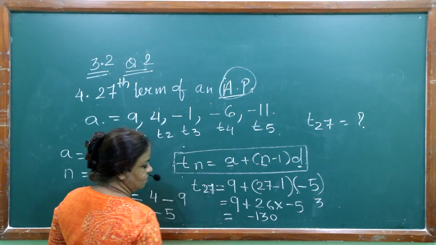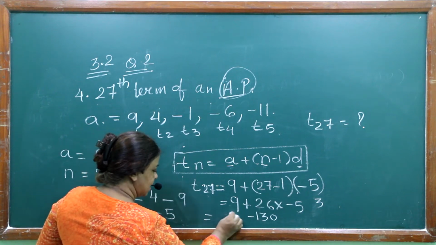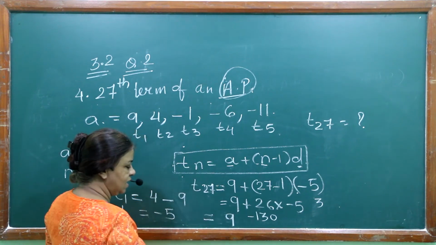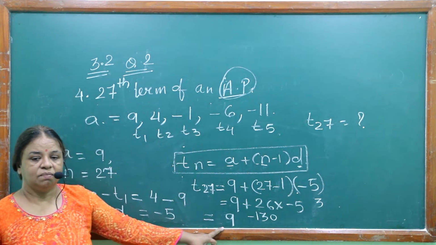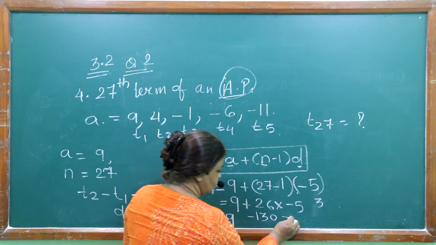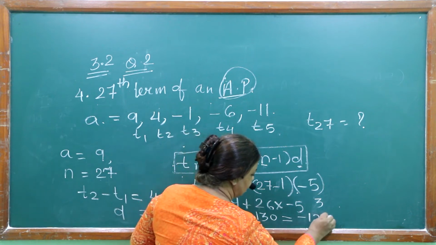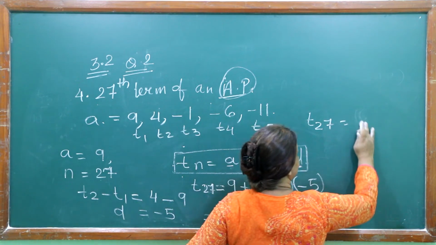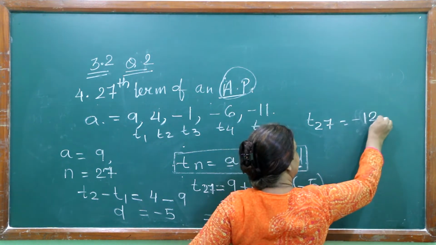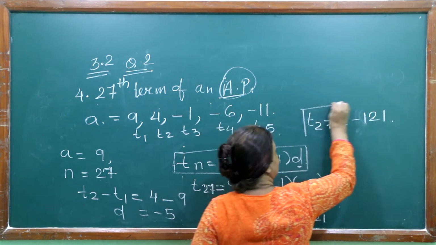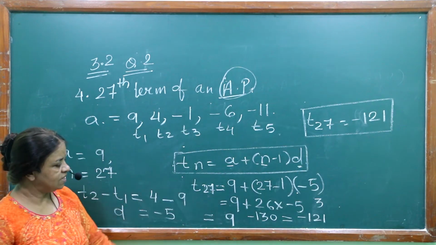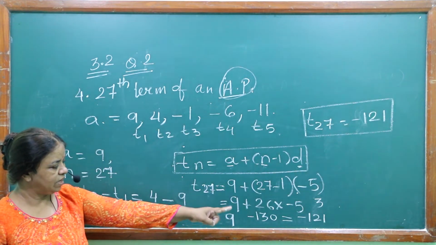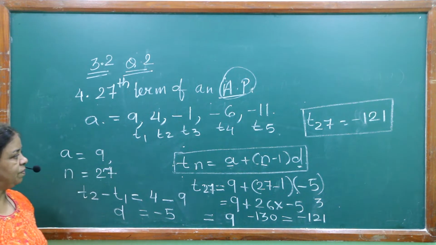This is minus 130. So 9 minus 130 is minus 121. So what is the T27 term? Minus 121. So this is the T27 term, minus 121. Pause the video and copy it down.